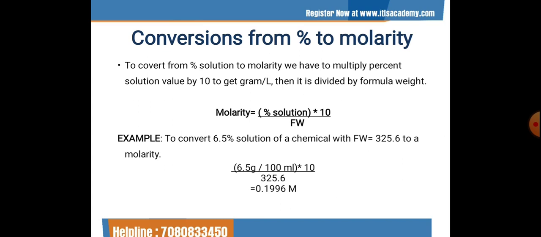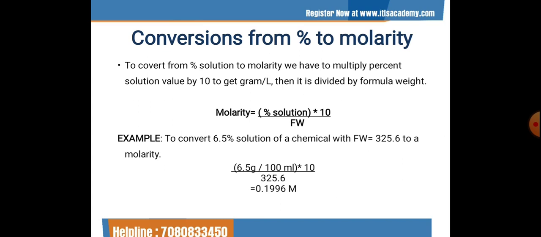Next topic is the conversion from percent to molarity. It is the easiest one. To convert from percent solution to molarity, we have to multiply the percent solution value by 10 to get grams per liter. Then it is divided by formula weight, or we can say the molecular weight.